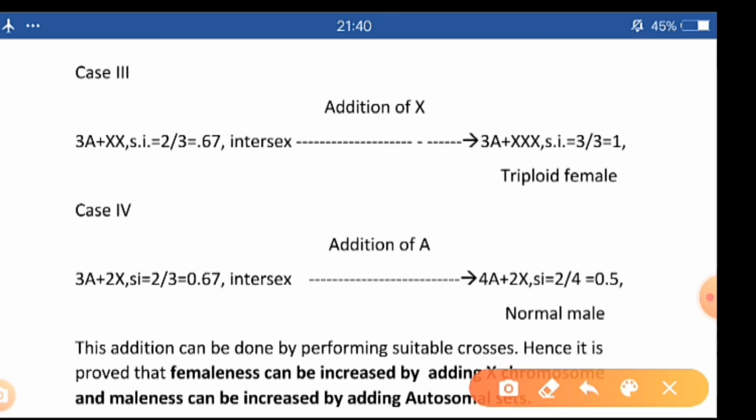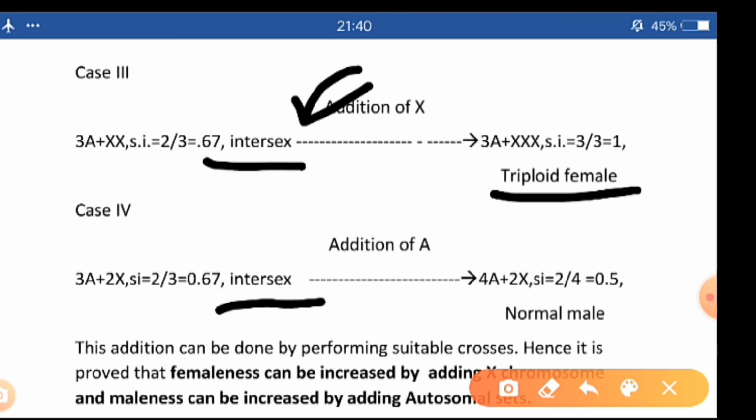Again I am showing you. This one is intersex Drosophila and that one is also intersex Drosophila. If we add X to this one, the intersex Drosophila will be converted into triploid female.